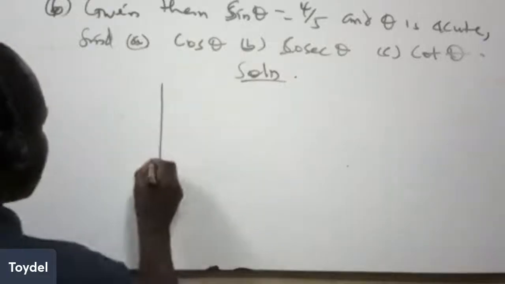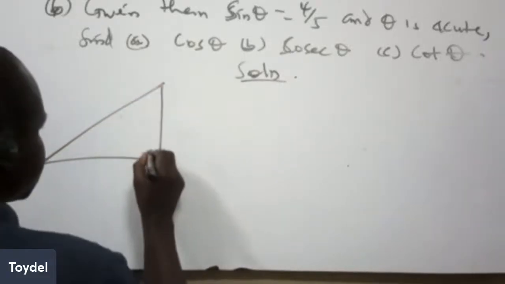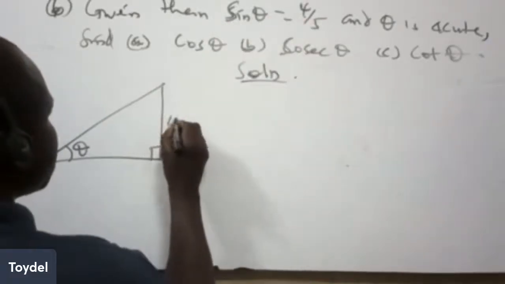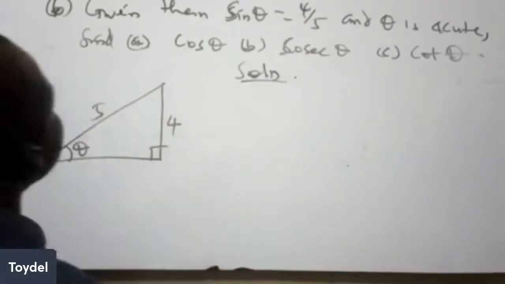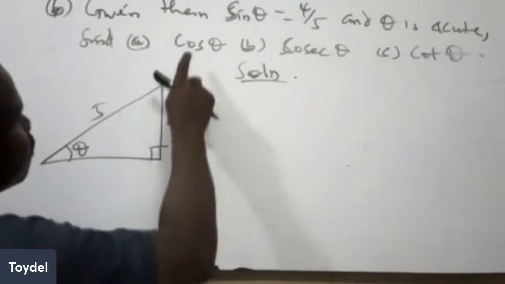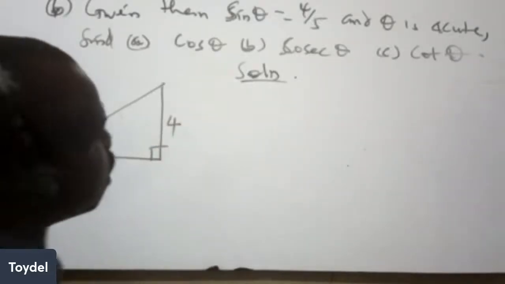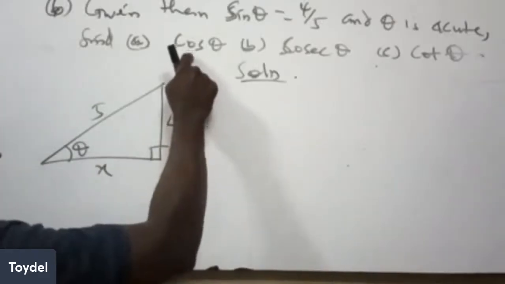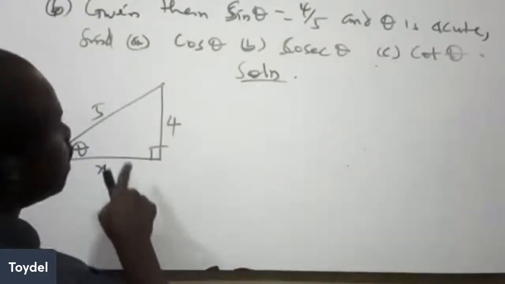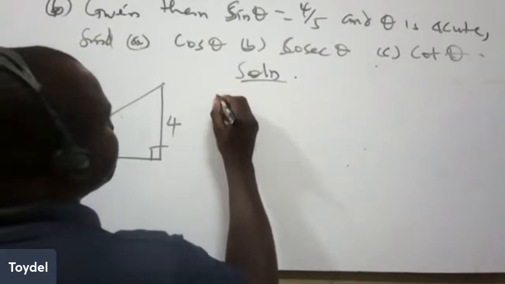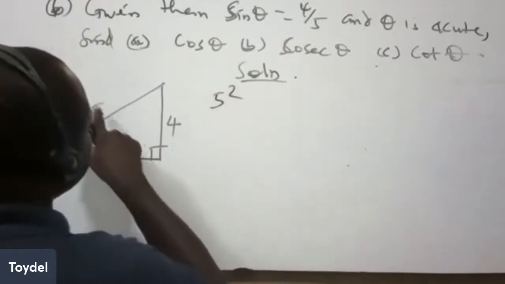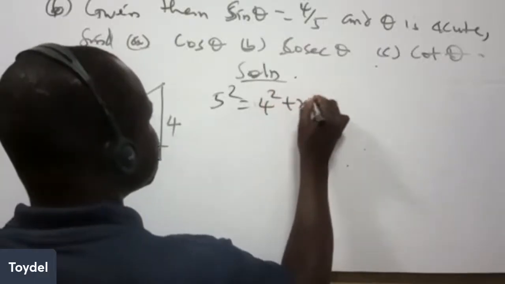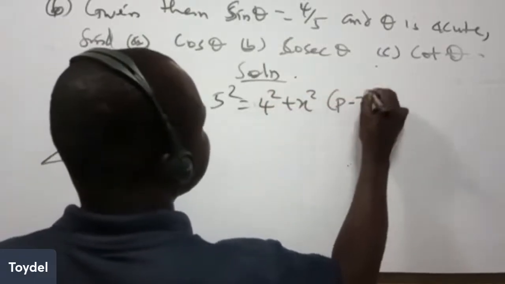So we are given sine. Of course, we are going to sketch a right angle triangle. Let's call this place theta. So sine theta will be opposite 4 all over 5. So the question says find cos theta. If we apply SOHCAHTOA, we need the value of the adjacent. If you apply Pythagoras theorem here, we know that 5 squared, hypotenuse squared, is equal to opposite squared, which is 4 squared, plus x squared, adjacent squared.